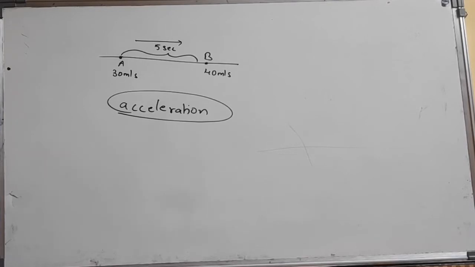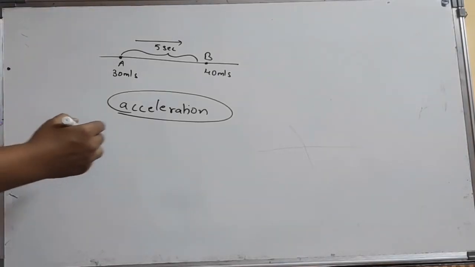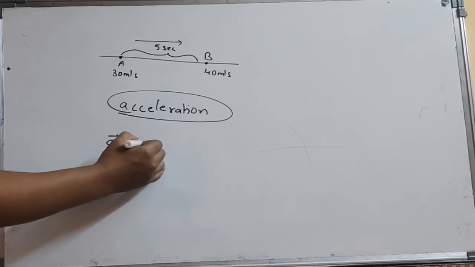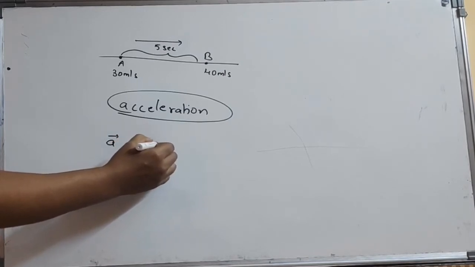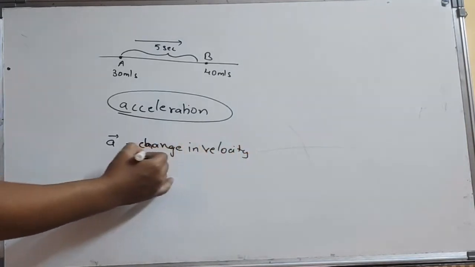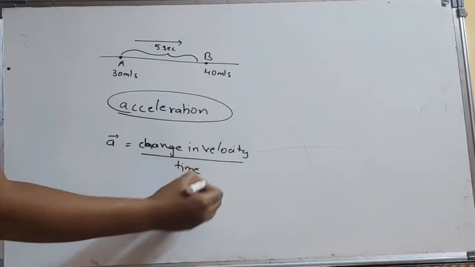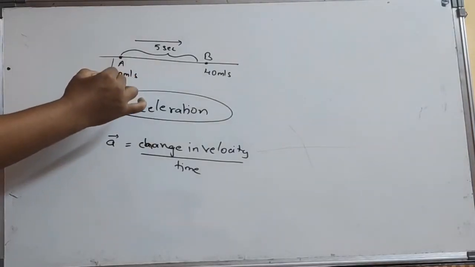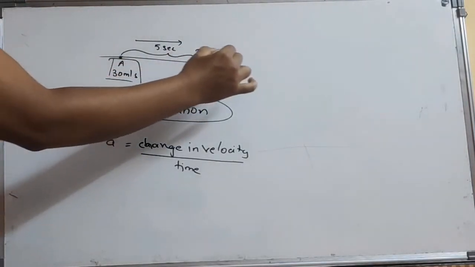Okay, the mathematical formula for acceleration is: acceleration A is the change in velocity upon time. Now, when you say change in velocity, it means there have to be two velocities, one velocity at the beginning and one velocity at the end.